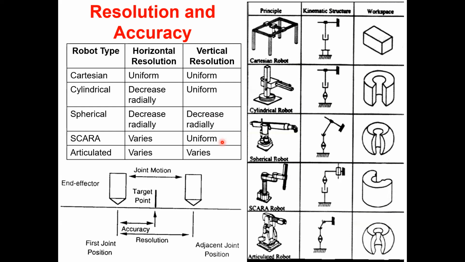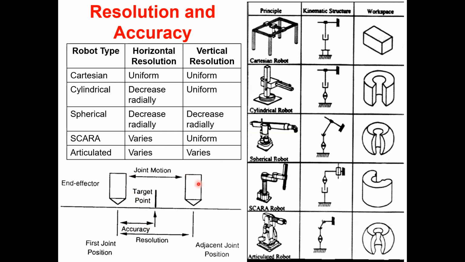All right. And finally, the articulated arm is again very complicated. It's difficult to say anything with certainty unless you have a complete workspace analysis done. So it's complicated, they vary.